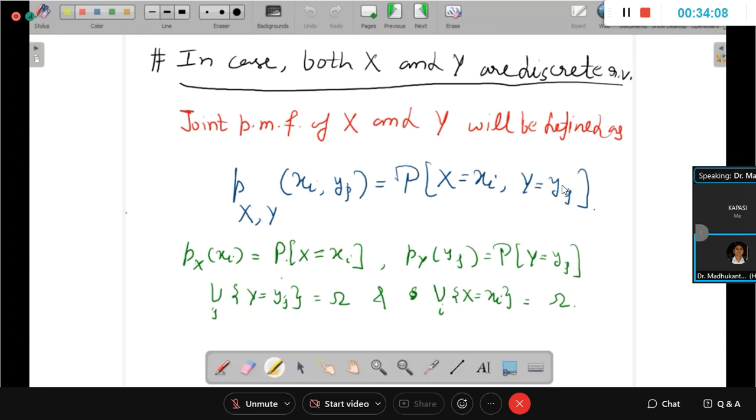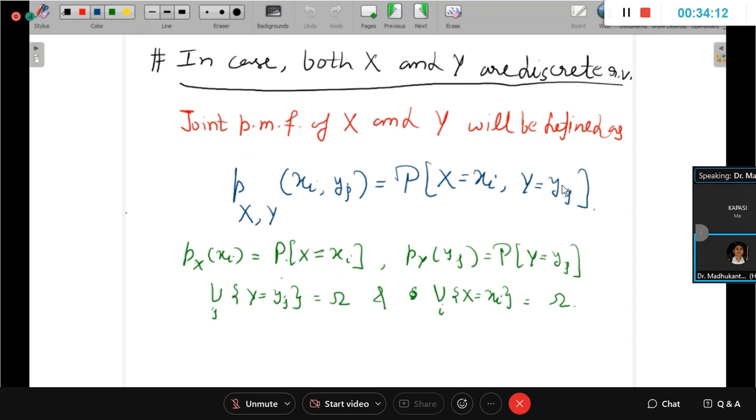In a similar fashion, we can also define the joint PMF, if both are discrete. We want to associate probabilities jointly at each value xi and yj. So xi is the values related with x, and yj are the values related with the y random variable.